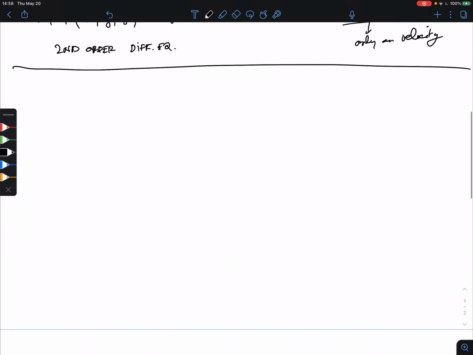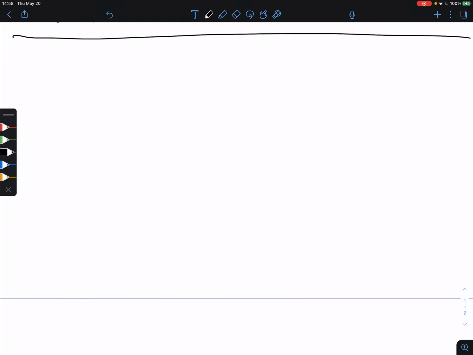Yeah, let's go over this here. Suppose we have an object and it has a certain mass. I'm not going to give a value to it, just a mass.